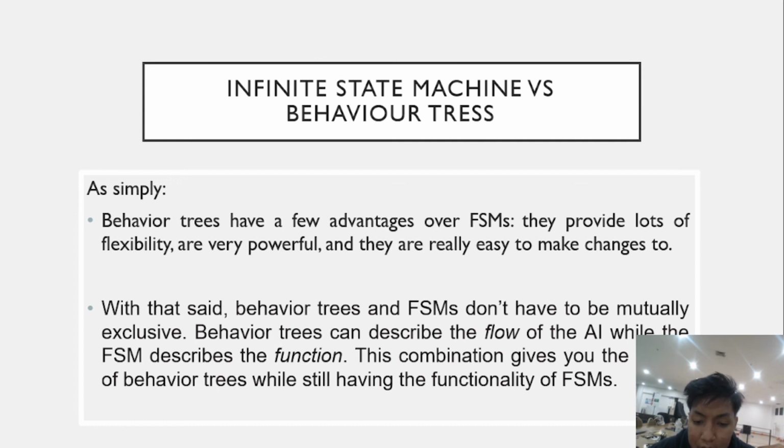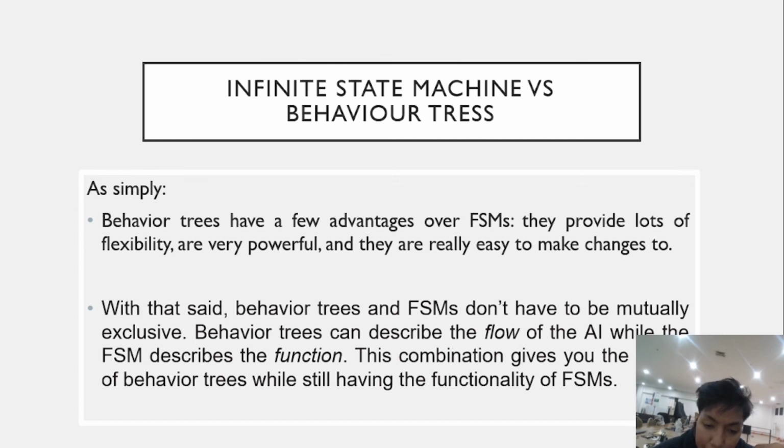Behavior trees can describe the flow of the AI, while the finite state machine describes the function. This combination gives you the power of behavior trees while still having the functionality of finite state machines.